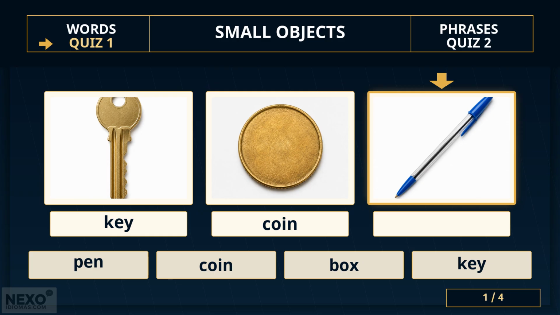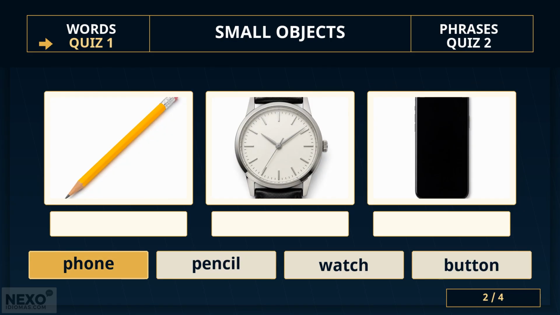What is this? Pen. Phone. Pencil. Watch. Button. What is this? Pencil.